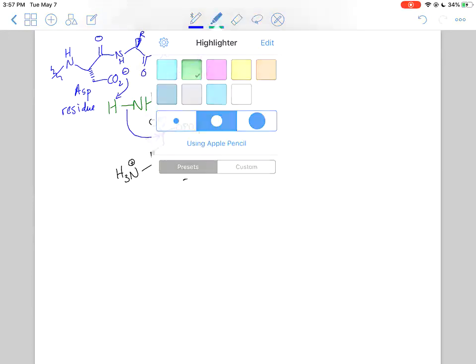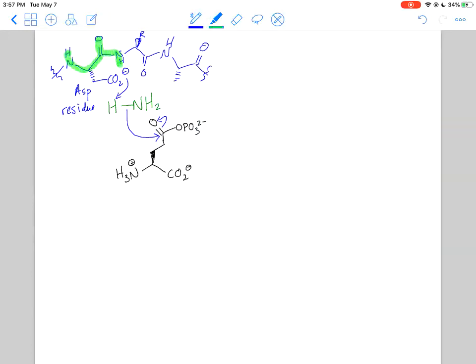I'll highlight in green like I had before. All this stuff is considered to be the peptide backbone. Everything else that's coming off, those are your amino acid residues. So what we've done is we've identified just a little more specifically where it is. Now, you don't have to do all of this. What I had before in terms of the asp CO2 was fine. I'm just getting more explicit.